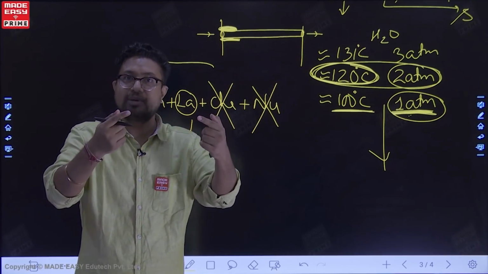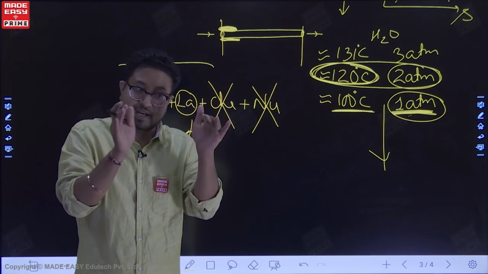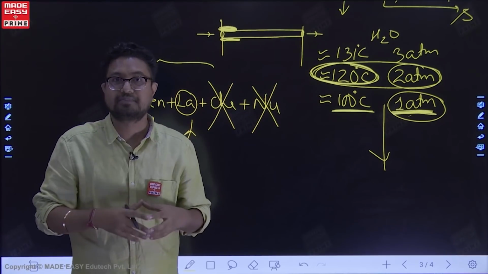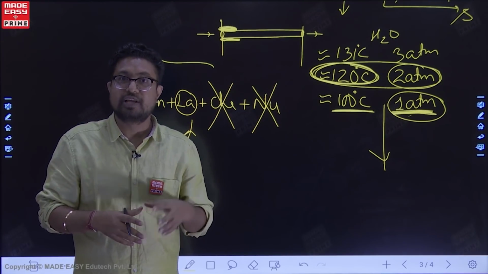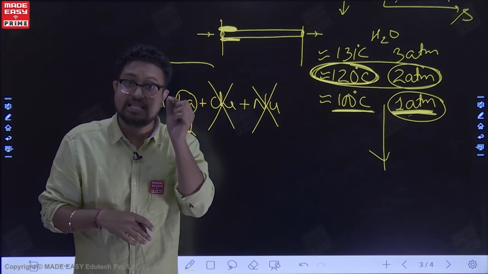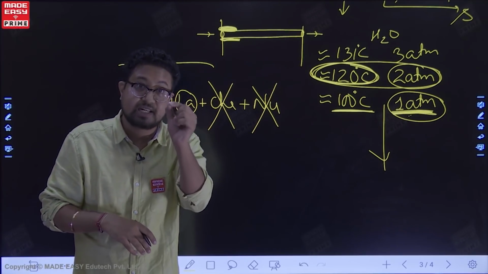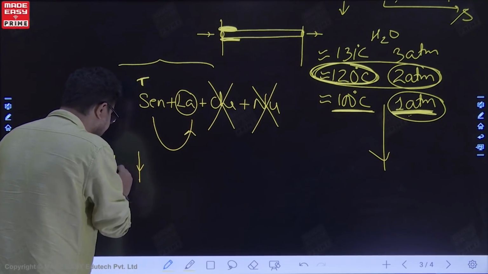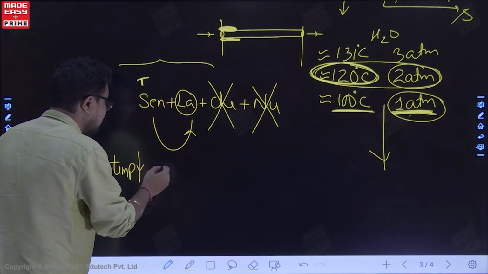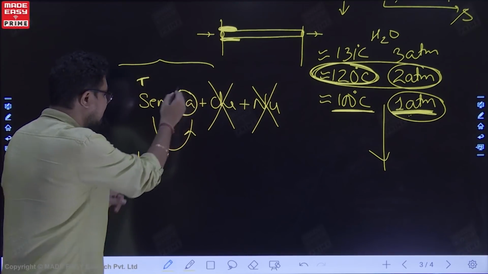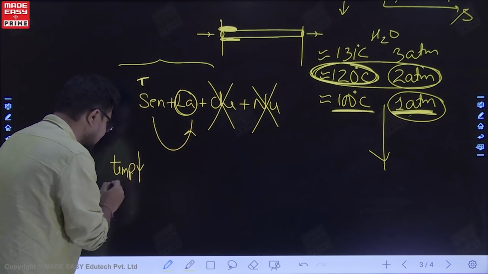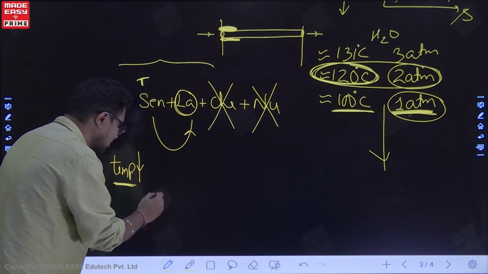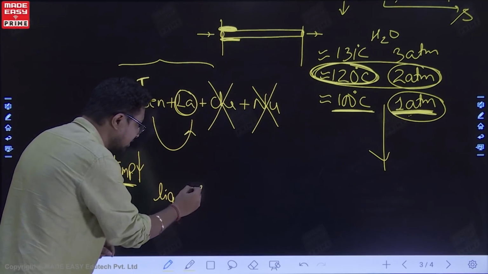So the remaining liquid sensible energy decreases. So the sensible energy, that is the temperature, decreases, and this sensible energy is utilized to convert some of the liquid into vapor.